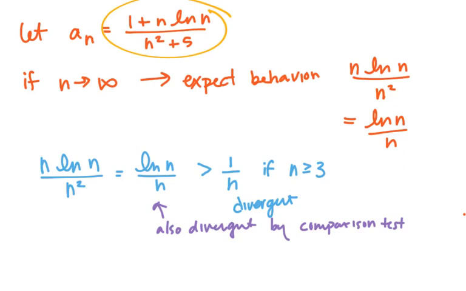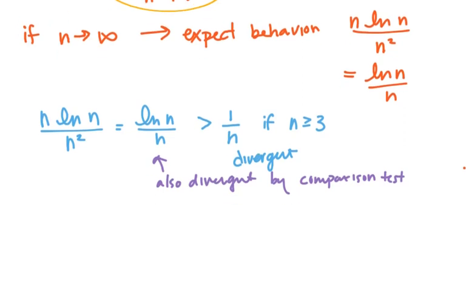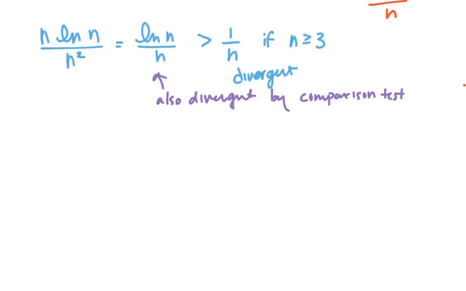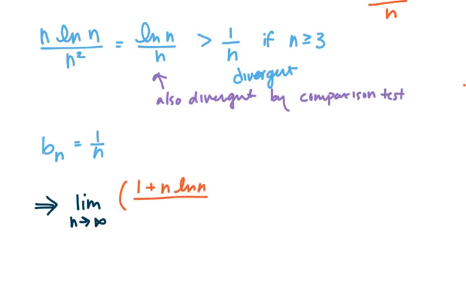We're going to use 1 over n here. So I'm going to continue down. I'm going to let b sub n be 1 over n. So when I use my limit comparison test, the limit as n goes to infinity of my original nth term for a, which is 1 plus n ln n over n squared plus 5, all divided by 1 over n.